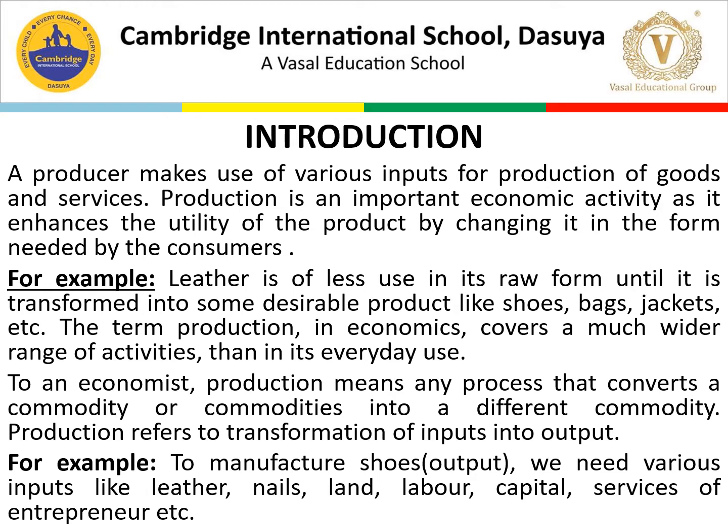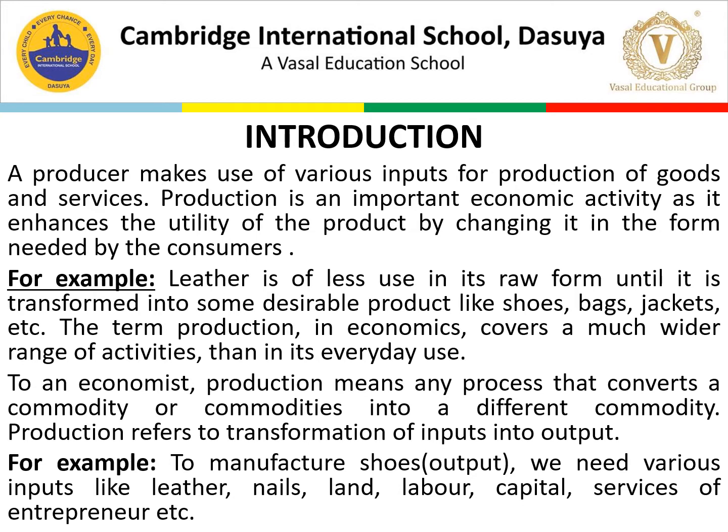But when it is converted into a product, then it is useful for us. The term production in economics covers a much wider range of activities than in its everyday use. In economics, production covers wider activities, but the way we use production in everyday life is narrower in scope.